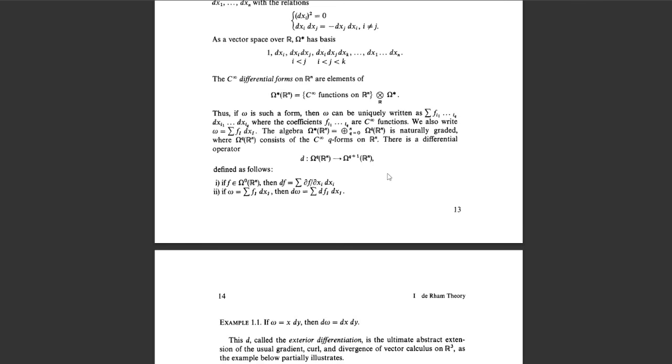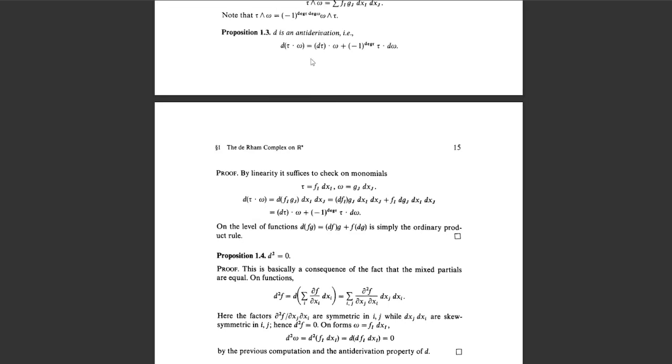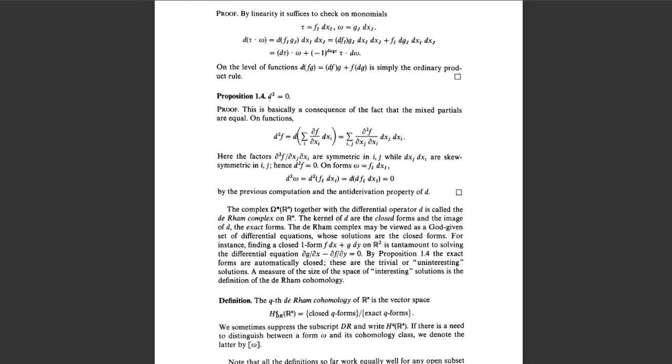And what's going to happen is the exterior derivative is going to have this quality that it's an anti-derivation, but it's also nilpotent. So this is going to make sure that the divergence of your curl is 0 and also the curl of your gradient is 0.